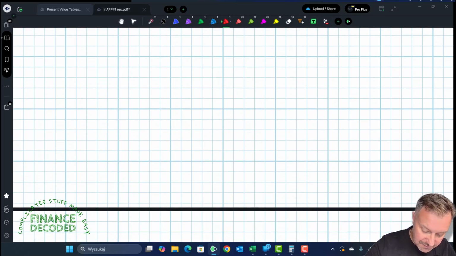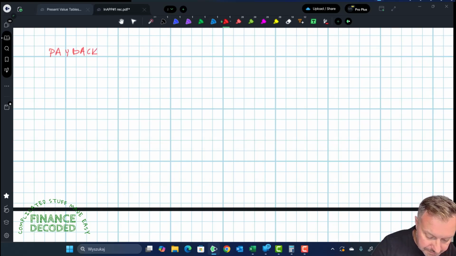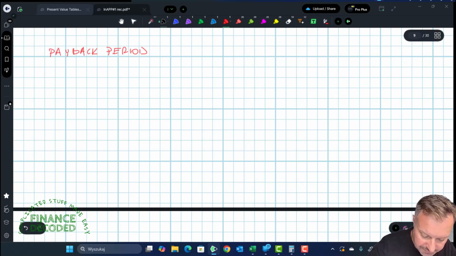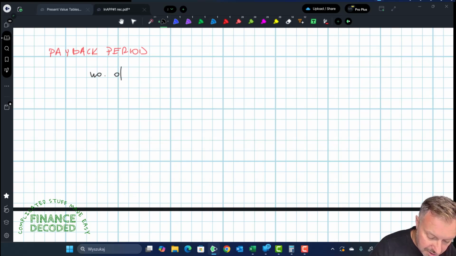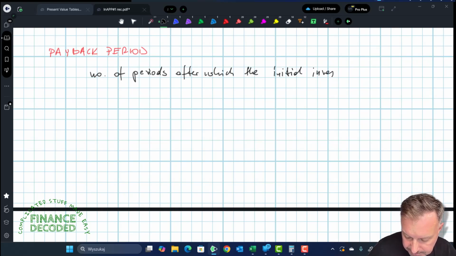Okay, so let's define payback period first. The definition is very simple. Payback period is nothing else than just the number of periods after which the initial investment is repaid.